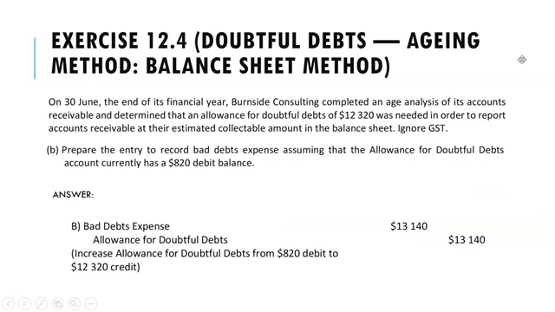assuming that the allowance for doubtful debt has a debit balance of 820. So this is your account here. You have a debit balance of 820. What does it mean? It means that you have here the allowance for doubtful debt account.